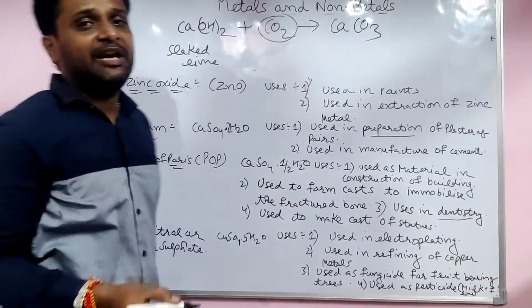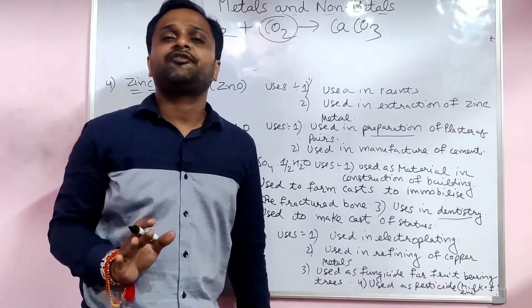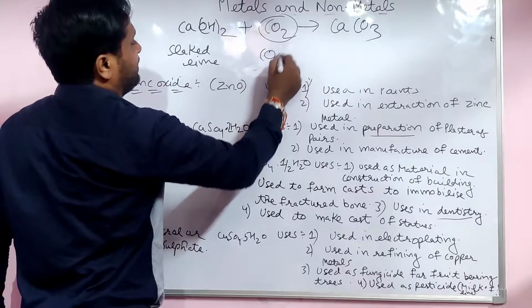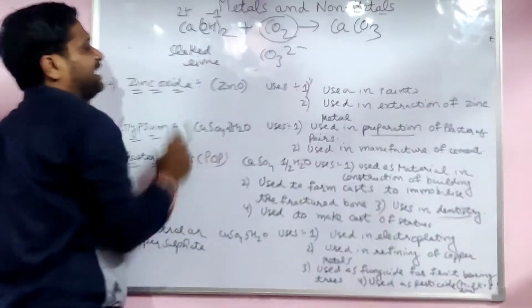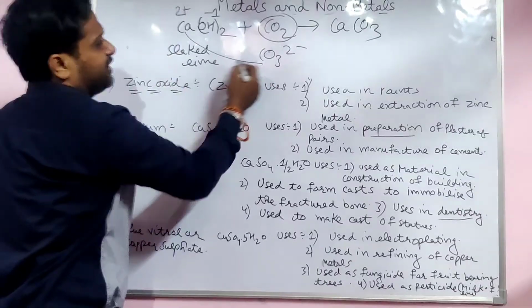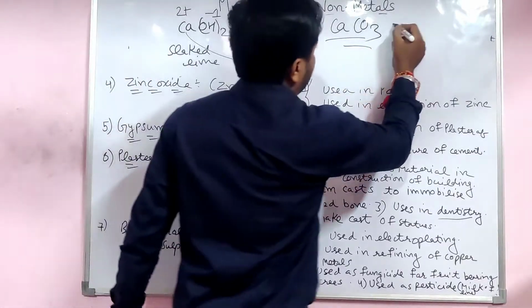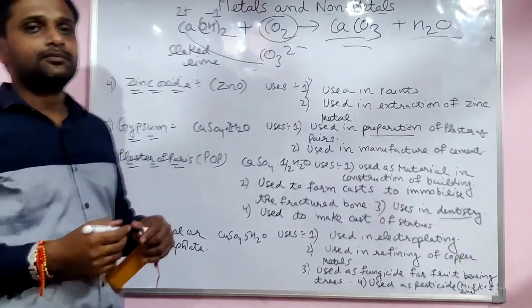Always keep in mind, when you add carbon dioxide in any reaction, it forms a carbonate. So here, calcium is 2 positive, hydroxide is 1 negative always. This reacts to give calcium carbonate by the crisscross method, and OH negative forms water.